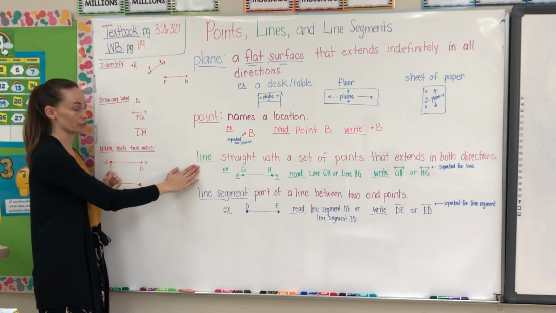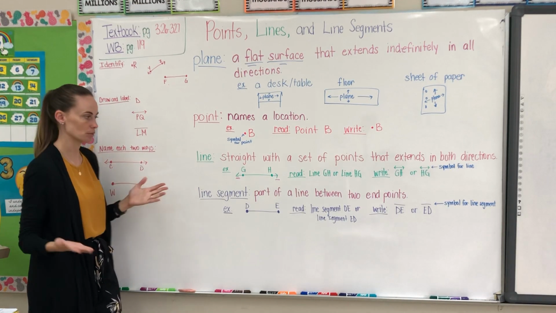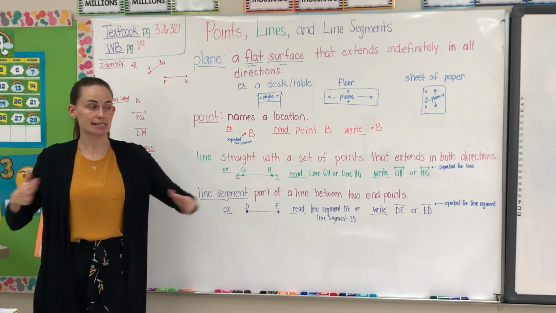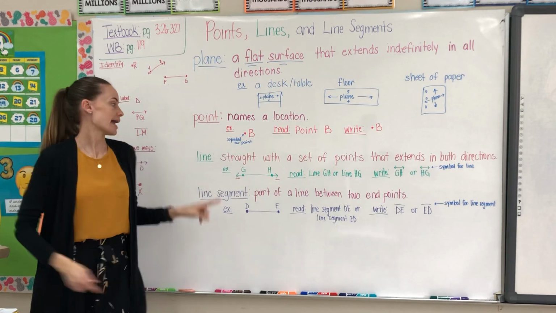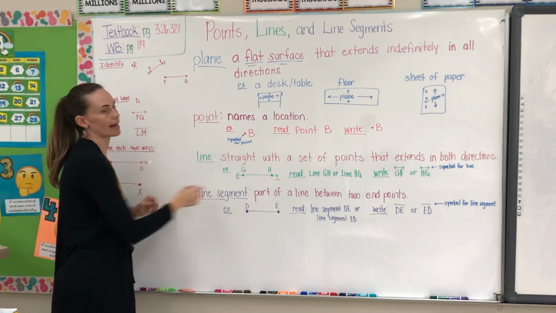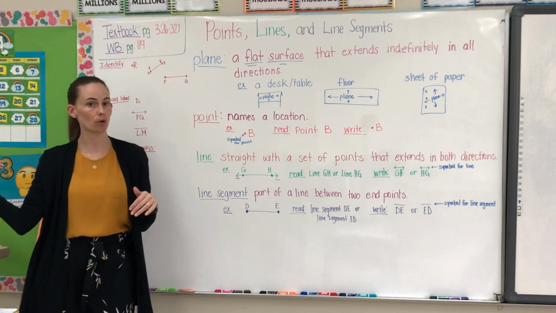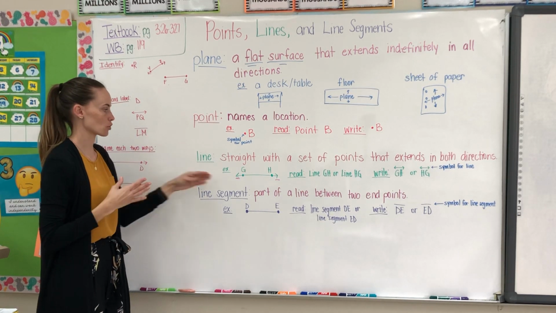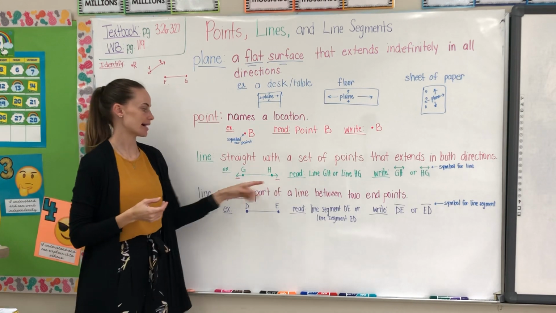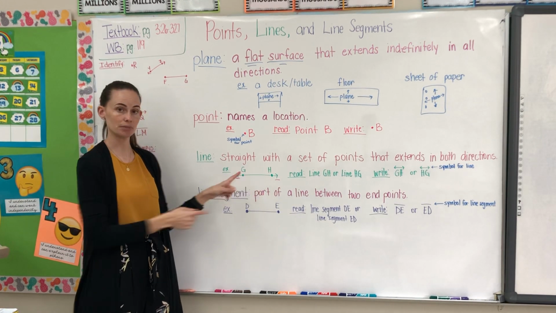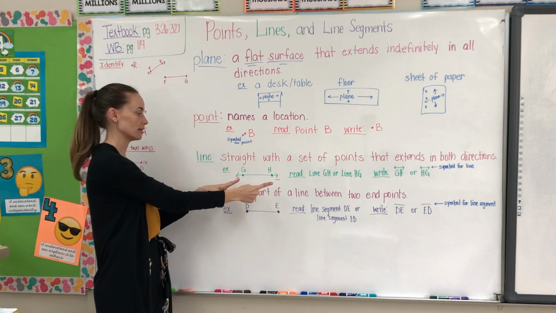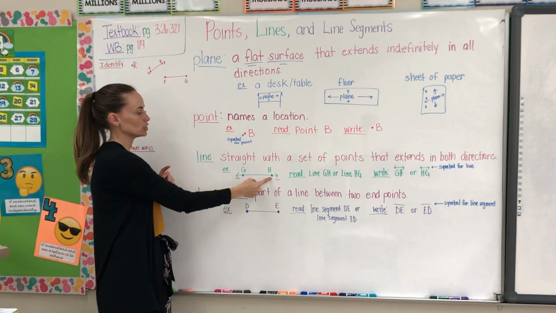Okay, the next term is a line, which we know, like a number line, right? It extends in both directions, and it keeps going, which is why it has the two arrows. It tells us that it continues in both directions. Okay, so this we would read it as line GH, because those are the 2 points on our line, or HG.